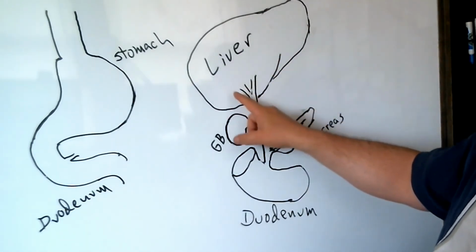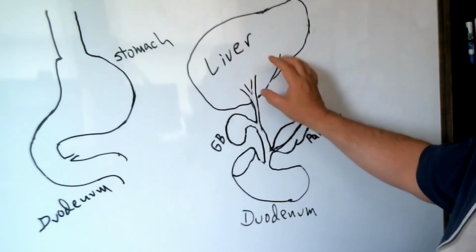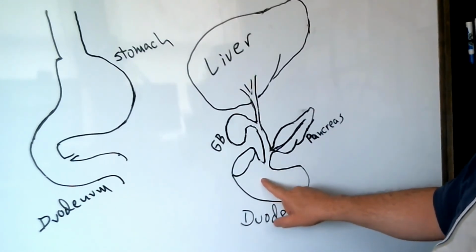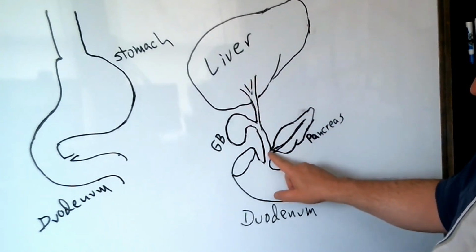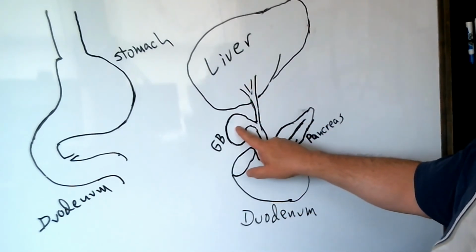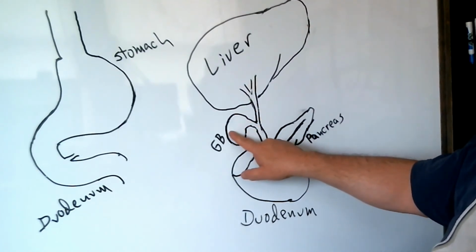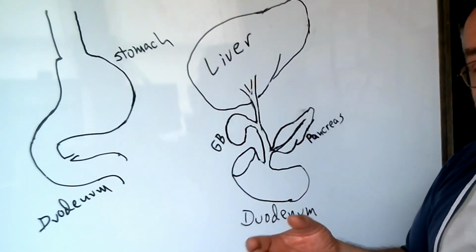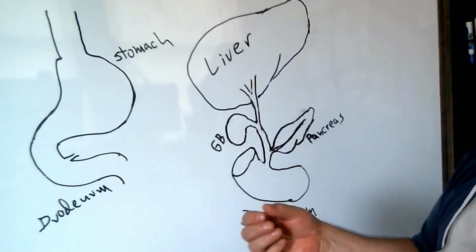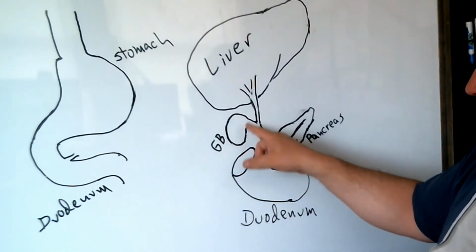So anyway, the liver is constantly making this bile, and it comes down here. You've got a sphincter there that it will kind of leak through and let go, but it holds the bile in here, in this whole duct, and in the gallbladder. Whatever gets backed up in the gallbladder is a little bit stronger, right? It's a little more concentrated, like I was just explaining, because it absorbs the water out of the bile.